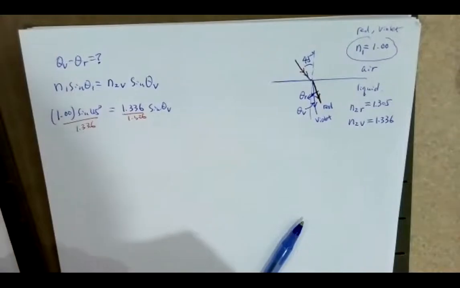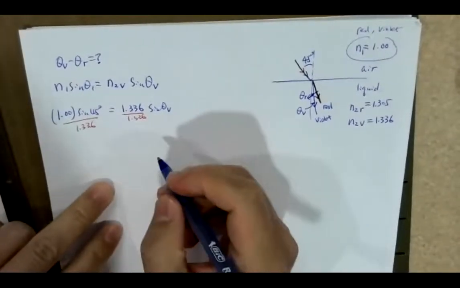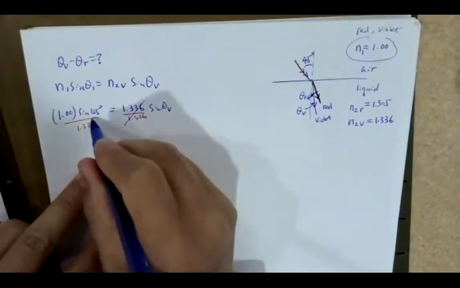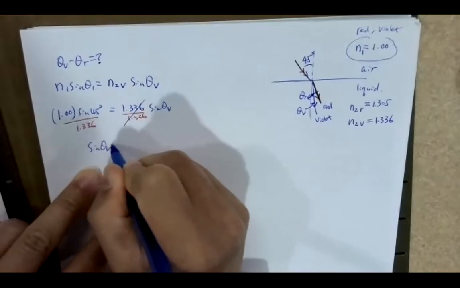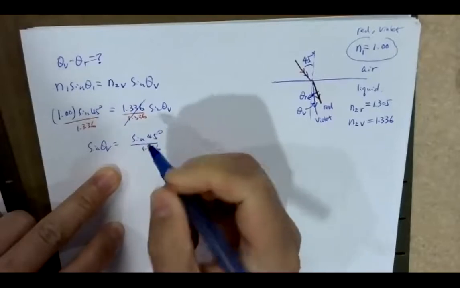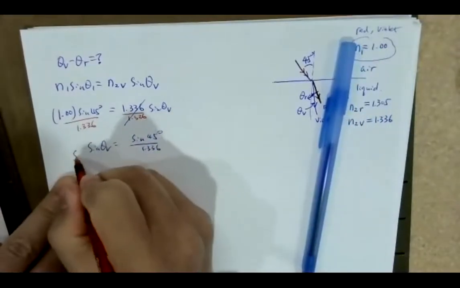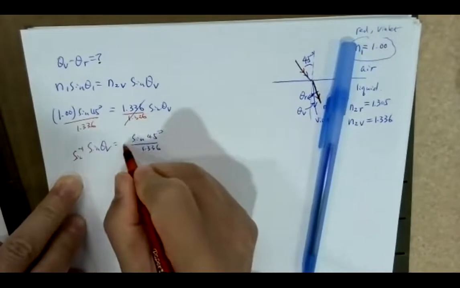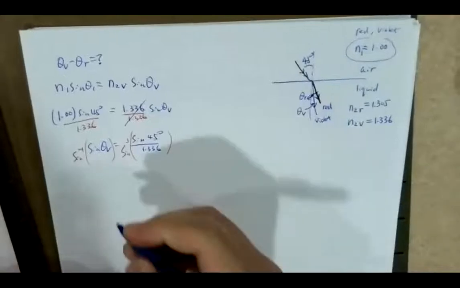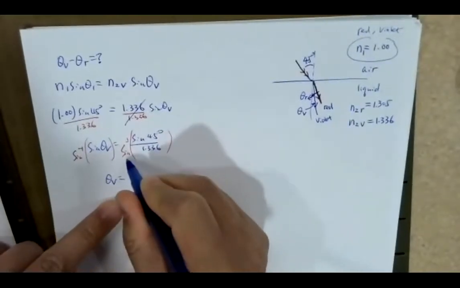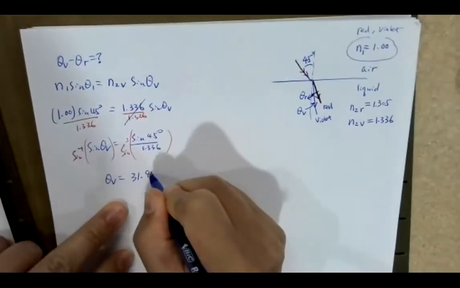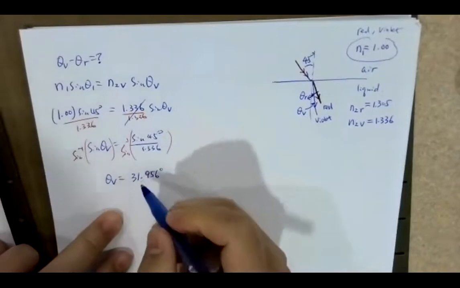So sine theta V is equal to sine of 45 over 1.336. You can then take sine inverse of both sides to solve for theta V. Theta V is equal to 31.956 degrees.